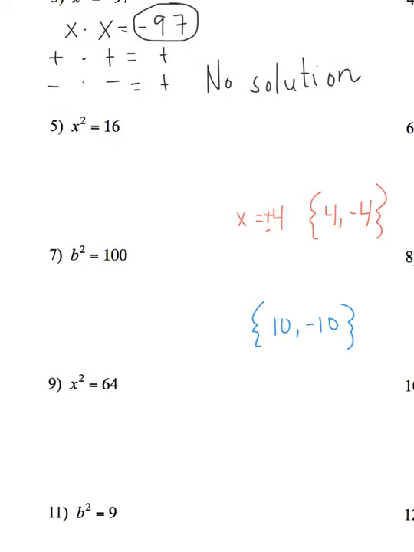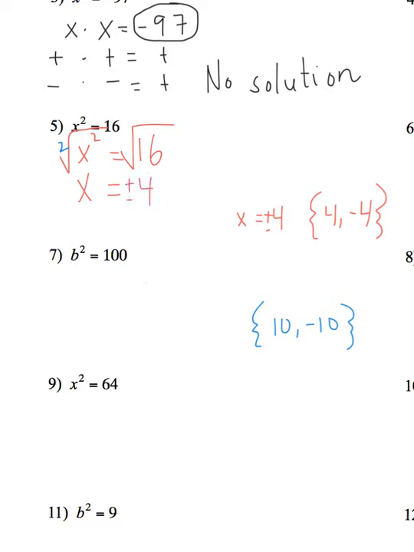We're going to look strictly at numbers 5 and 7 now, since we showed that number 3 has no solution. So if we solve it the other ways, we could do x squared equals 16. Remember, to get rid of a square, we take the square root to both sides. Remember, if there is no number on the outside of the radical, that's an invisible 2. So the two 2's cancel out, and we get x equals the square root of 16, which is 4.